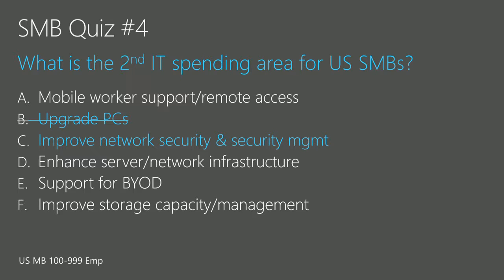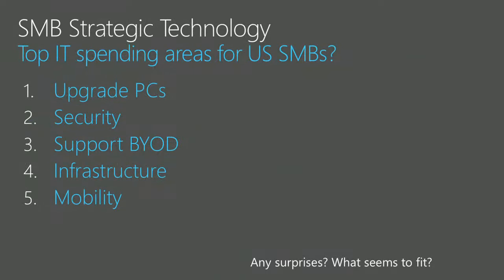We actually have a fourth question, and I think I've just given away the answer, haven't I? There you go. The second IT spending area for US SMBs is improving network security and management. That was just to ground you in where SMBs are going, through the studies we've conducted ourselves and purchased through partners, and what the top strategic areas are moving forward.